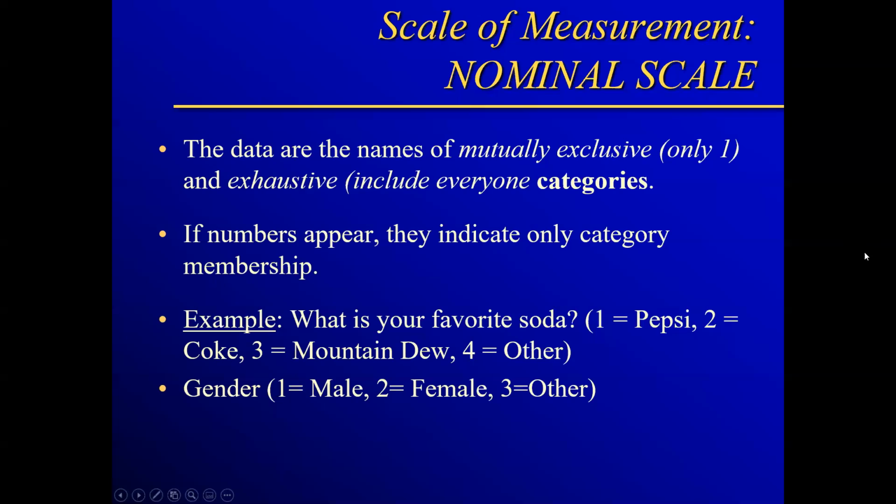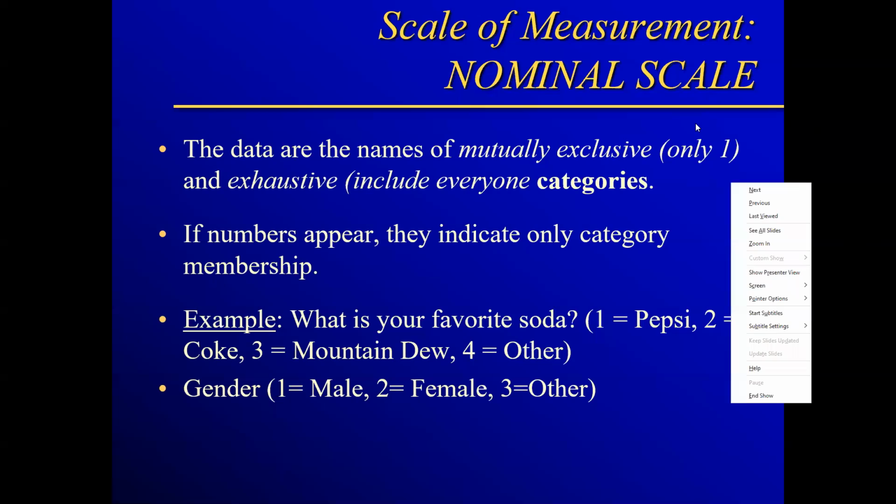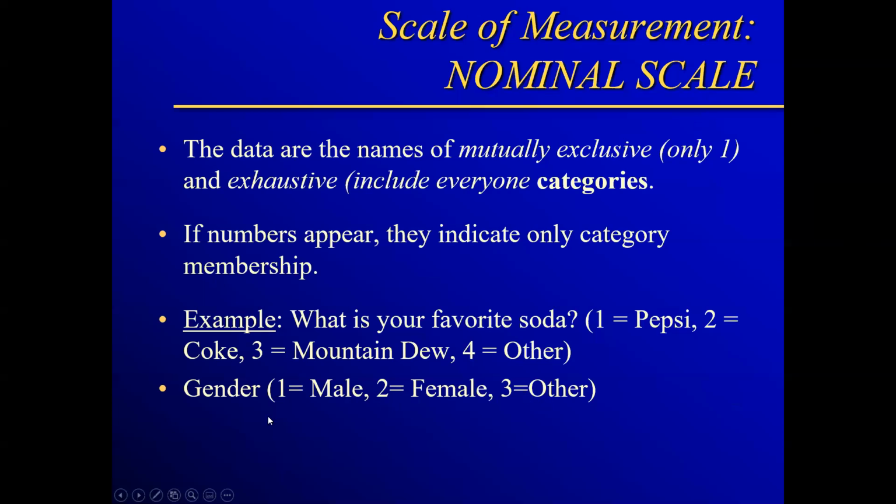That's a really good question, and this will make more sense when we start doing data analysis. In SPSS and in any statistical software package you use, you have to assign numbers to things, just because that's how the programs work. In theory, you could have A, B, C, but whenever you do data analysis, there has to be numbers. The numbers don't mean anything, but there has to be numbers.